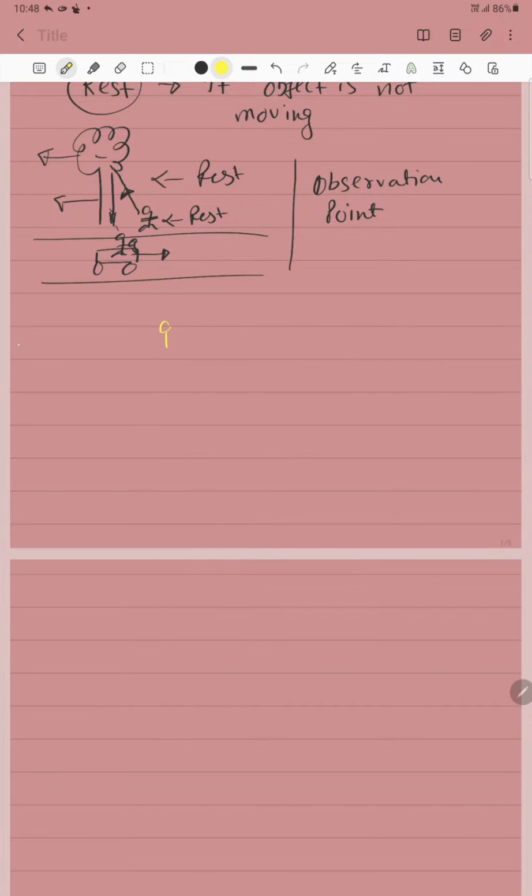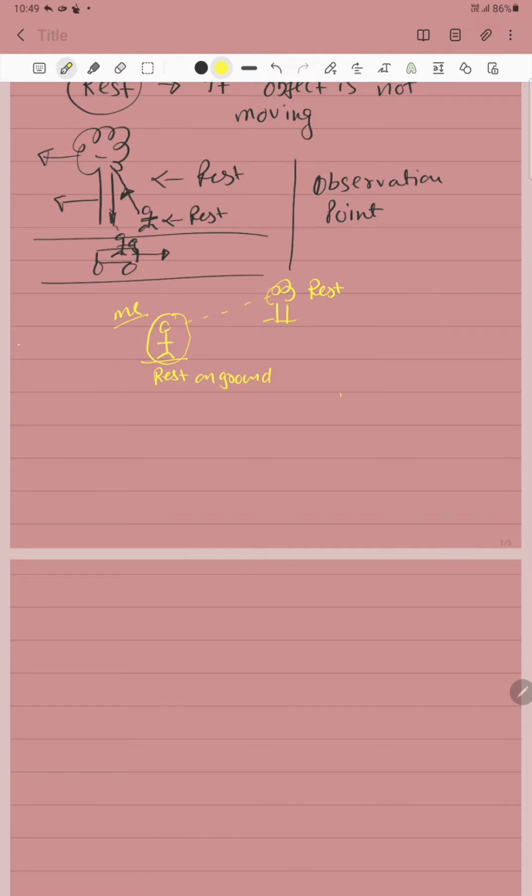See, suppose a person is at rest on the ground. Then he observes a tree, it appears to be at rest because both are at rest, right? Now this person will say this tree is at rest, or this tree is not changing its position with respect to me and with respect to time.